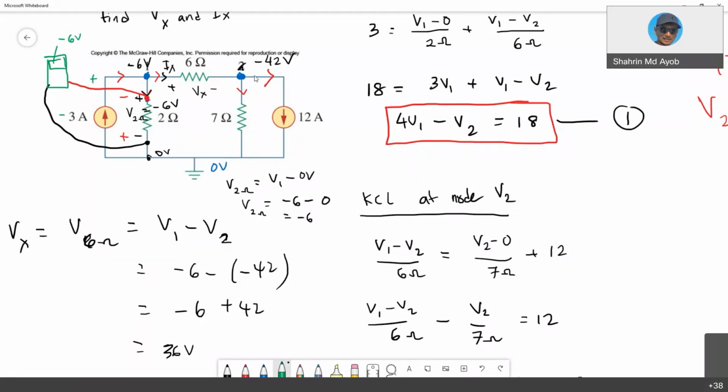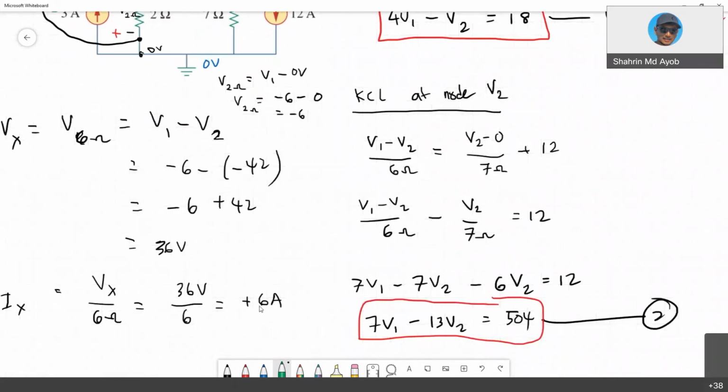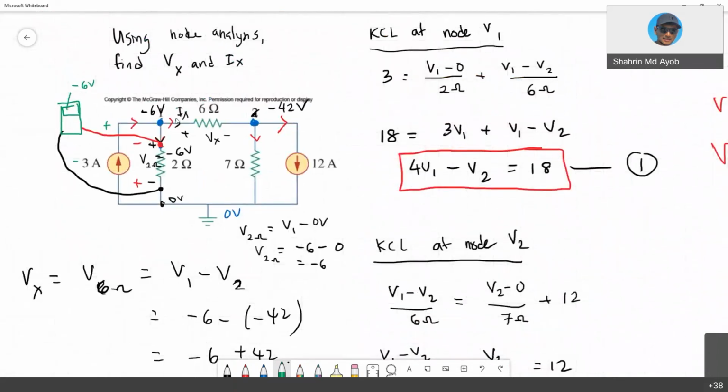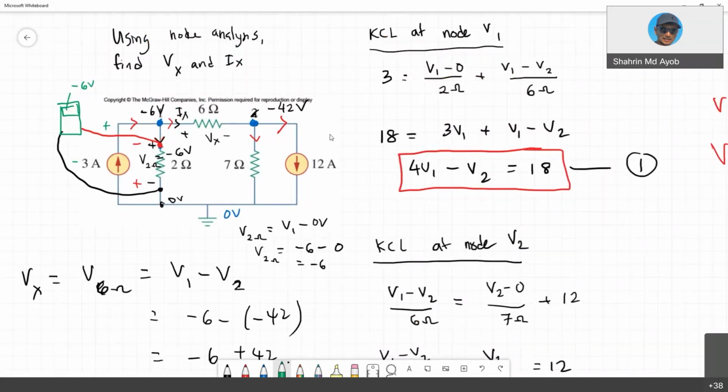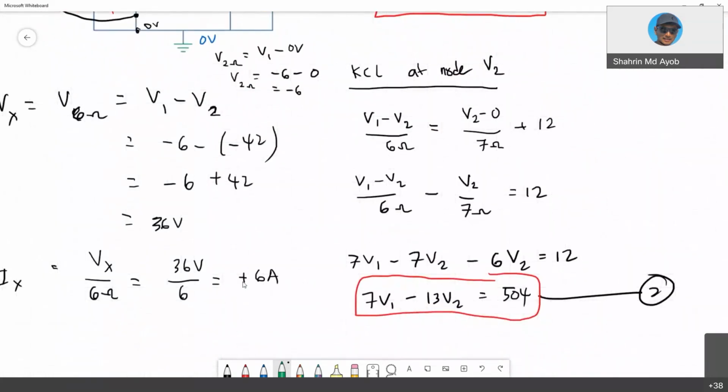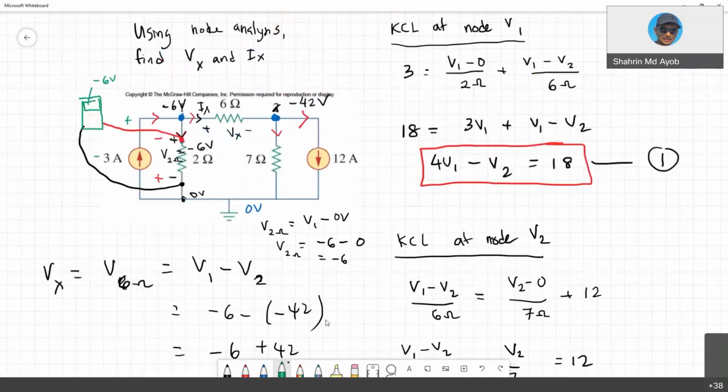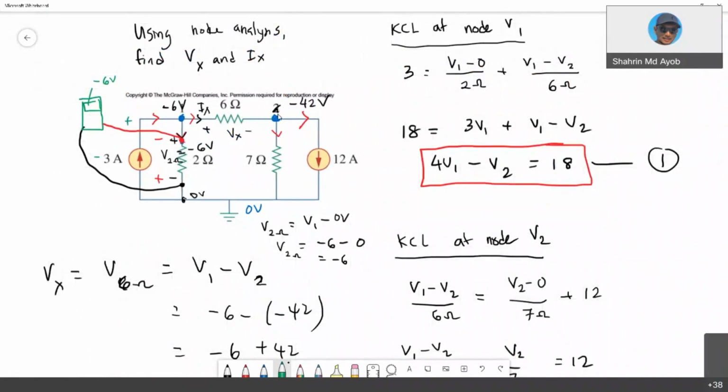If after you have calculated, you get a positive value, it means the current direction is true, going from V1 to V2. But if you get a negative value, the current direction is actually reversed, from V2 to V1.